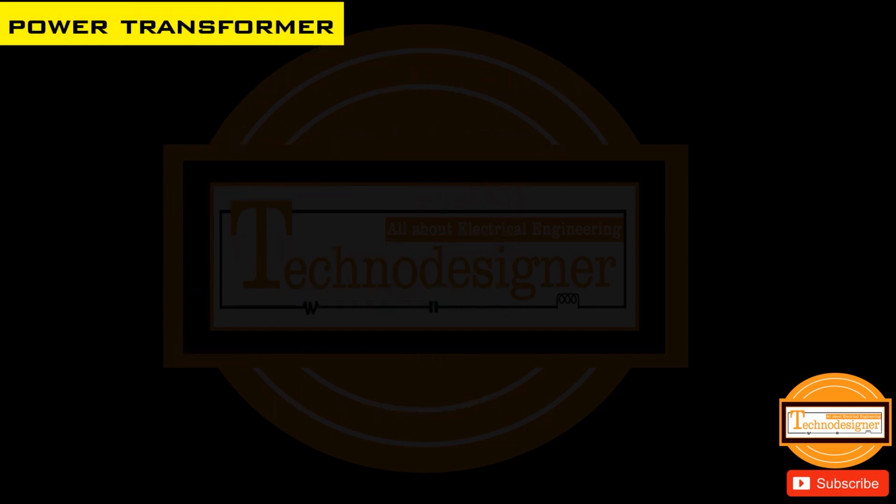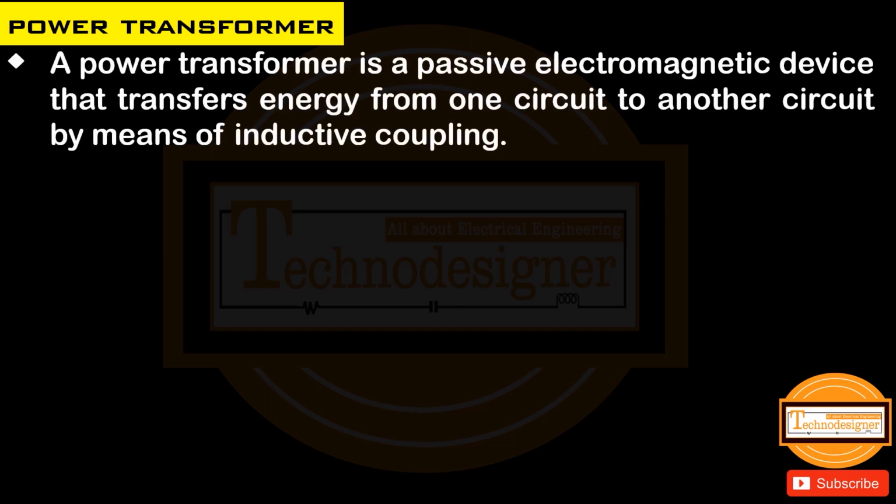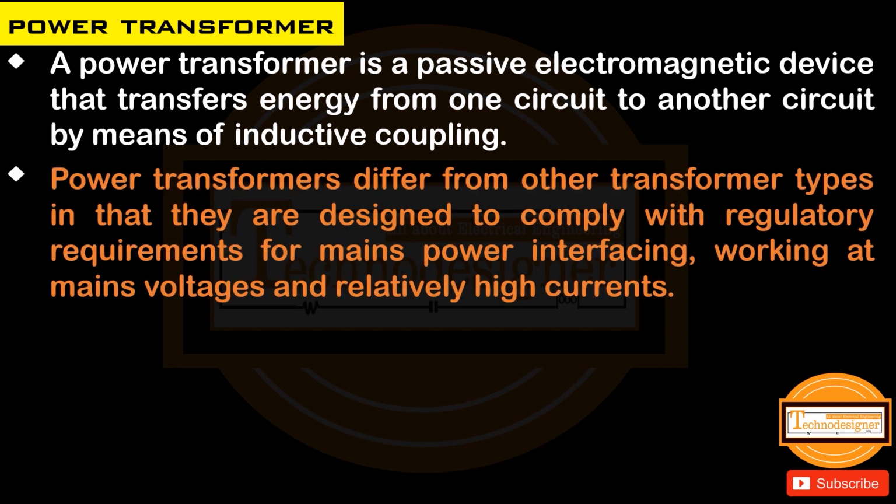Power transformer. A power transformer is a passive electromagnetic device that transfers energy from one circuit to another by means of inductive coupling. Power transformers differ from other transformer types in that they are designed to comply with regulatory requirements for mains power interfacing, working at mains voltages and relatively high currents.